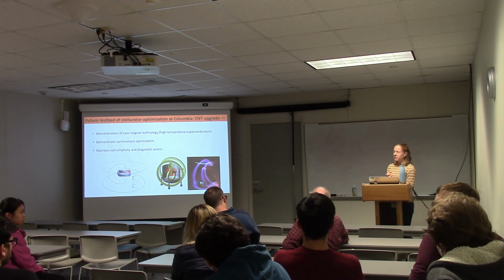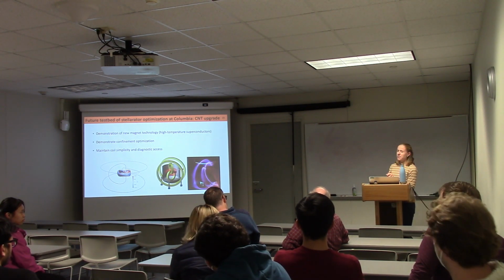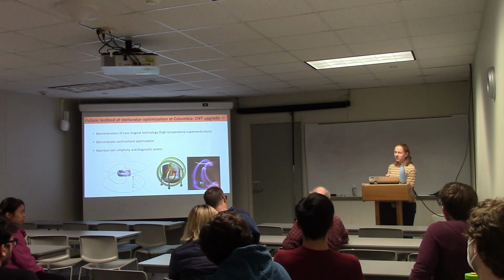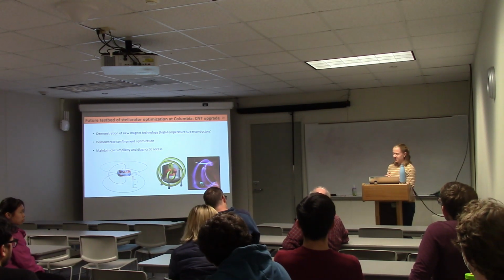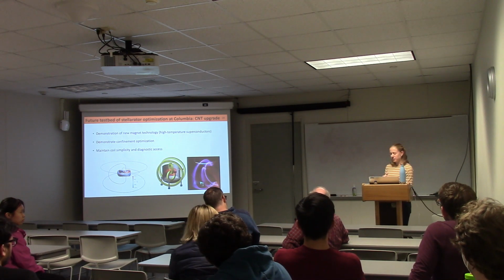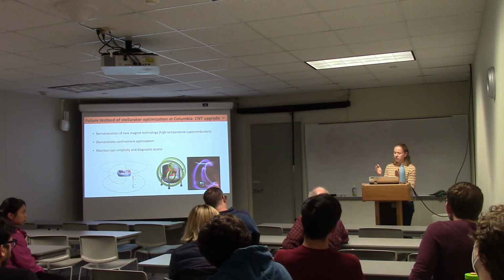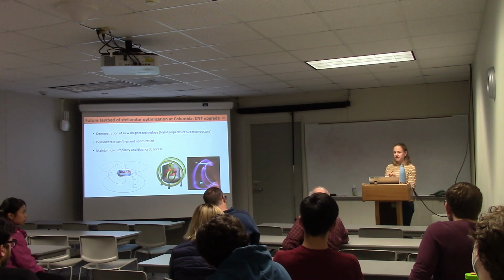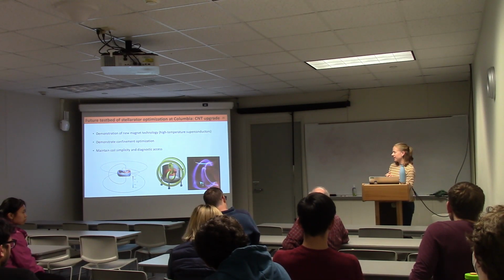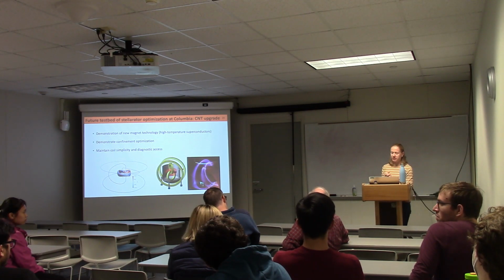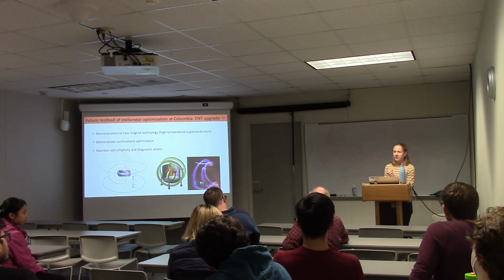There are many possible magnets that can give you the same magnetic field, so the optimizer will generally try to find a solution that is very complex and not buildable. So we have to take into account the curvature of the coils and how close they are to each other. You want sufficient space between the coils to allow for things like diagnostics and ports. And you sometimes have to look at the forces on the coils, to make sure they're not too strong because you have to support them. So this is something that definitely has to be taken into account on the physics side.